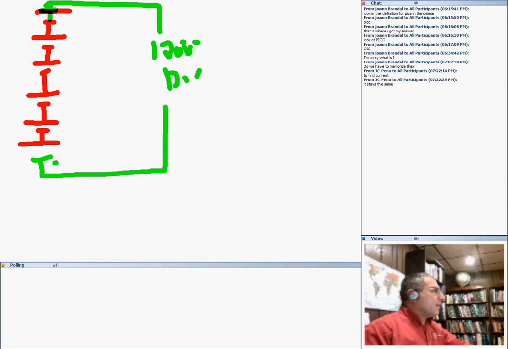I have 1, 2, 3, 4, 5, 6, 7 of them. Each one of them is 12 volts.